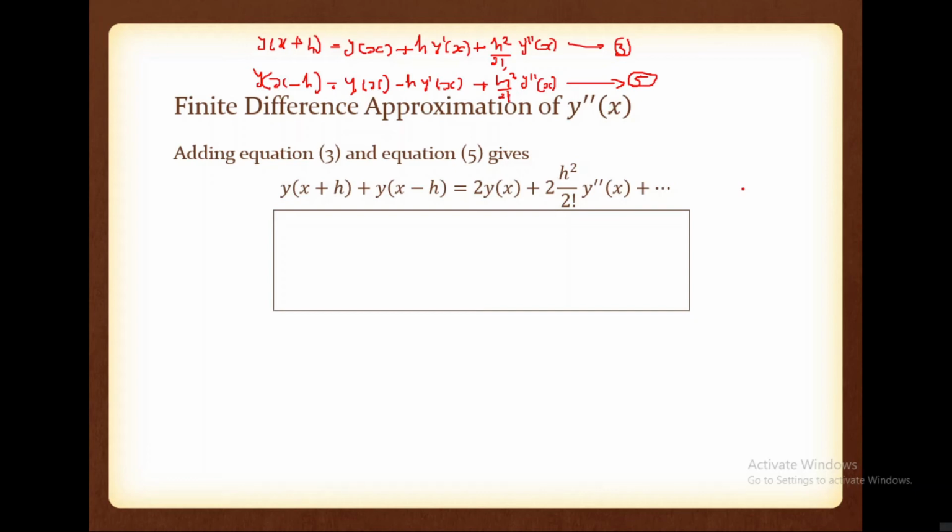So my question is, what is y double dash of x? Here we can cancel 2 and 2.